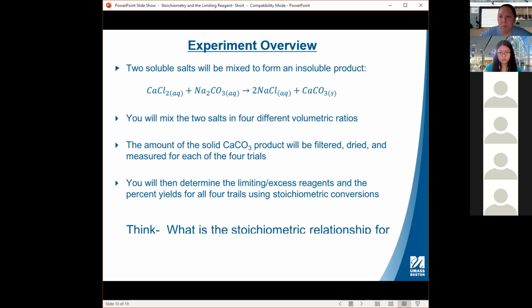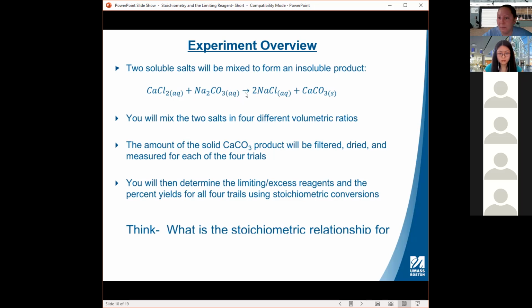it's going to be a precipitation reaction in which the calcium from calcium chloride is going to react with the carbonate of sodium carbonate to create calcium carbonate solid. So our product is calcium carbonate and our reactants are calcium chloride and sodium carbonate. The other product that we are not concerned with in this reaction is NaCl.